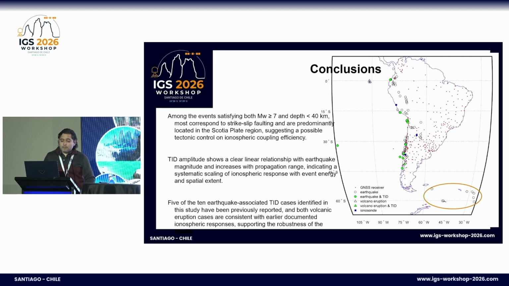And TID amplitude shows a clear linear relationship with the earthquake magnitude and increases with the propagation range, indicating a systematic scaling of the ionospheric disturbance with event energy and spatial extent. 5 of the 10 earthquake-associated TID cases identified in this study have been previously reported.